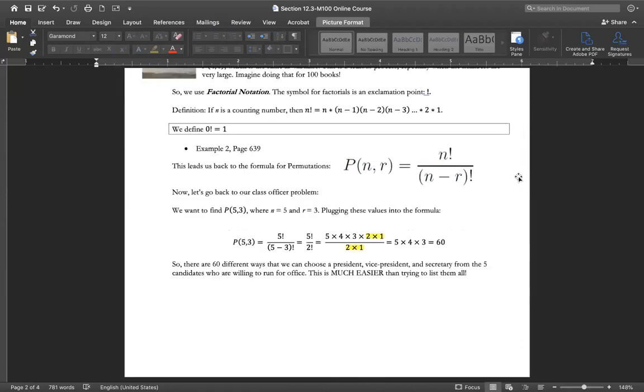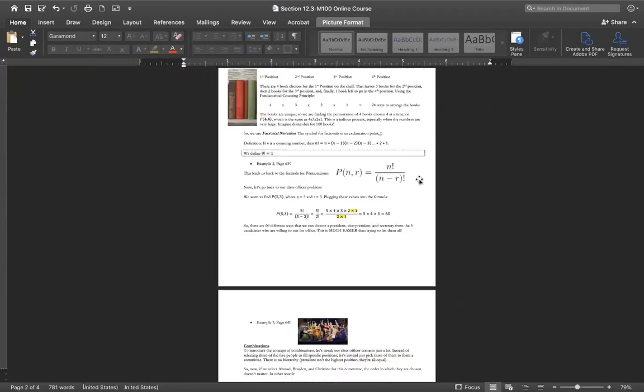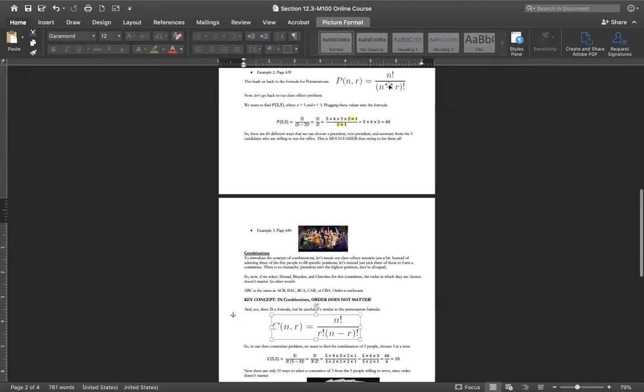The difference between this one up top and this one down here is that in a combination, we also divide by r factorial. There's no r factorial in the denominator of a permutation, but there is in the denominator of a combination. So that's the difference, okay?